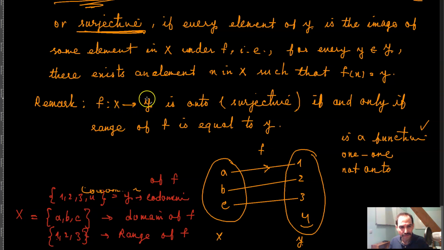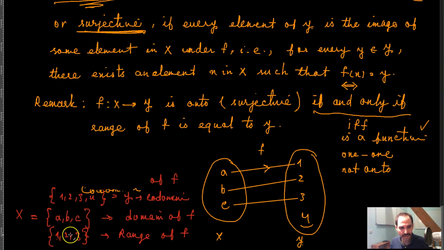f as a function from x to y is onto or surjective if and only if, meaning iff, which is a biconditional, the range of f is equal to y.